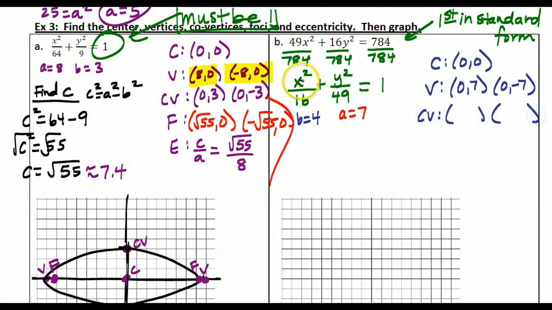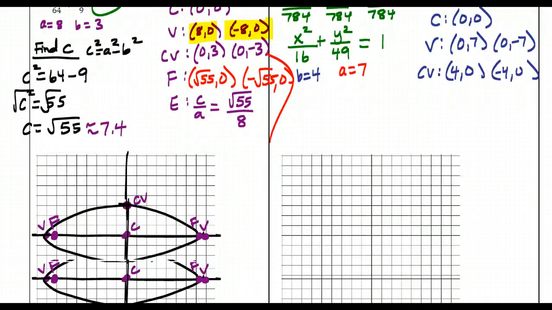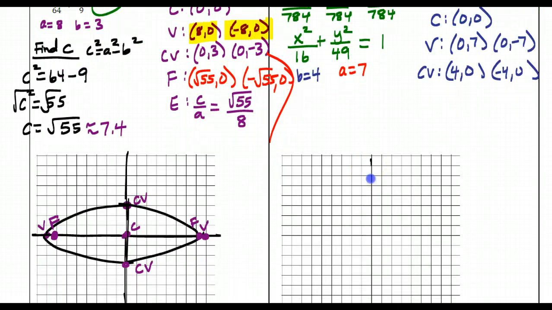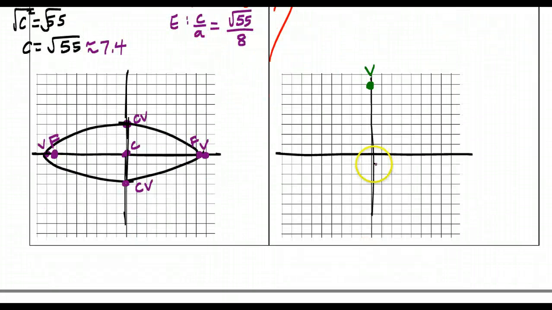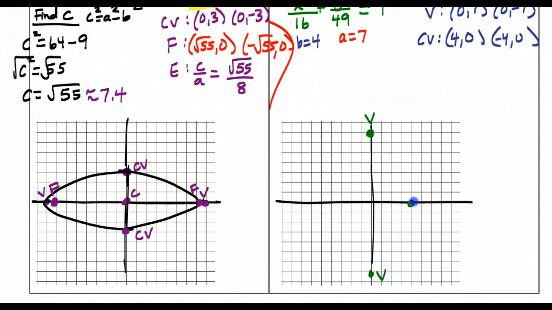And because that was an x value, b is an x value, so 4 and negative 4. So I got my vertices at 0, 7 and 0, negative 7, and my co-vertices are at 4 and negative 4.